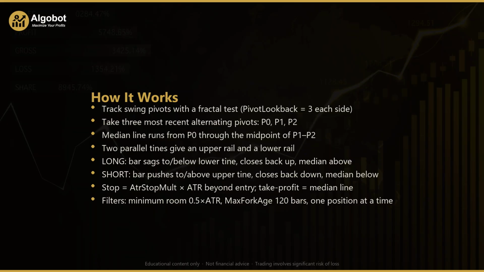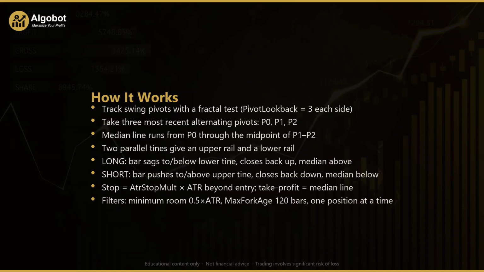From the 3 most recent alternating pivots, call them P0, P1, and P2, the strategy builds the fork. The median line starts at the oldest pivot and runs through the midpoint of the segment connecting the 2 newer pivots. Its slope comes from those points. 2 parallel tines are then drawn through the 2 newer pivots, giving an upper rail and a lower rail, with the median line sitting exactly in the middle.